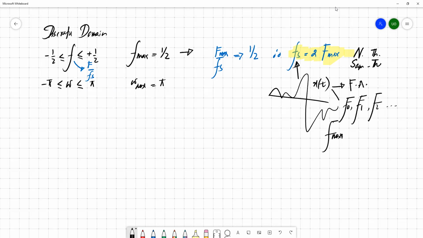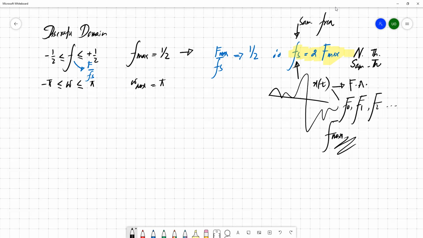From that, we can identify the maximum frequency component embedded inside this x(t), whether it's 10 kilohertz or 10 megahertz or 35 kilohertz or whatever. If you know this maximum frequency, you can decide the sampling frequency to sample this x(t) without showing any distortion.